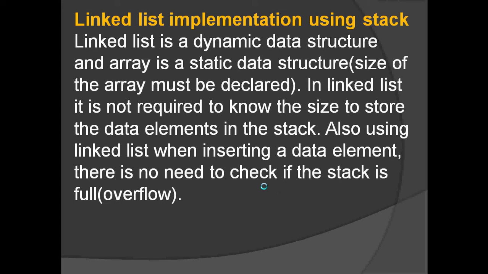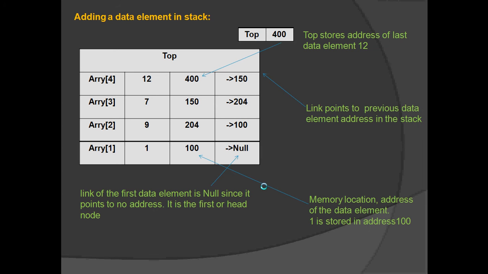Just like in the previous video, I'll show you a pictorial diagram of how it is implemented: adding a data element in the stack using the linked list. Here you can see the array elements. In this linked list the first element is at the bottom. So first in, last out.